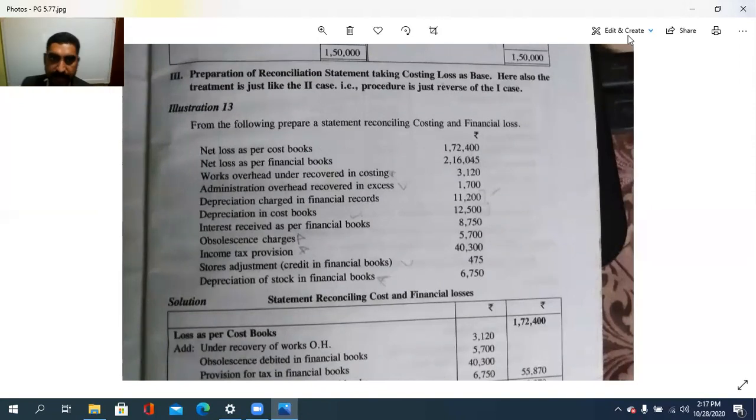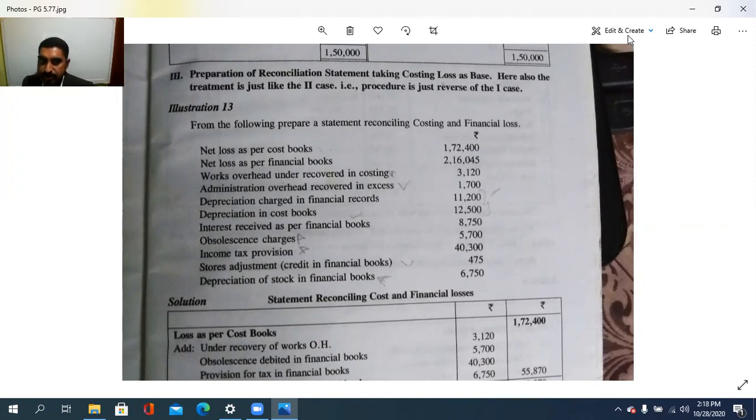From the following, prepare a statement reconciling the costing and financial losses. Net loss as per cost books, net loss as per financial books, works overhead under recovered in costing, administration overhead over recovered, then depreciation charged in financial records 11,200, depreciation in cost books 12,500, so that is over.